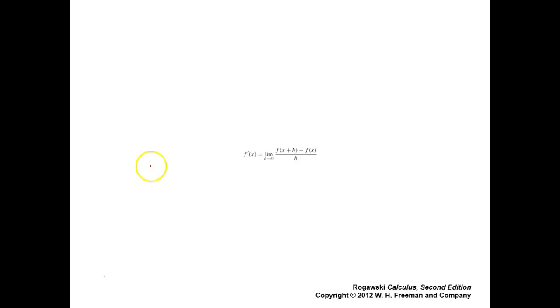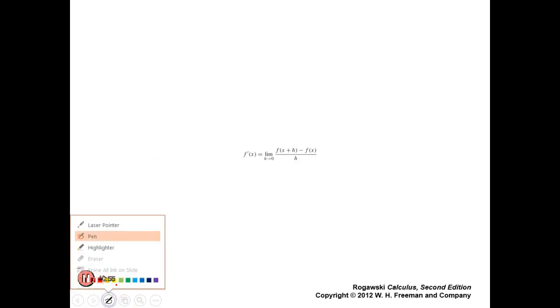Now, just a couple of other things. Sometimes you'll see this written as y prime or y prime of x or f prime of x or f prime.